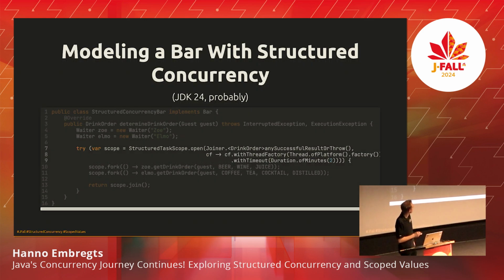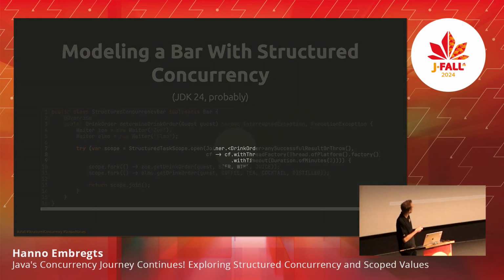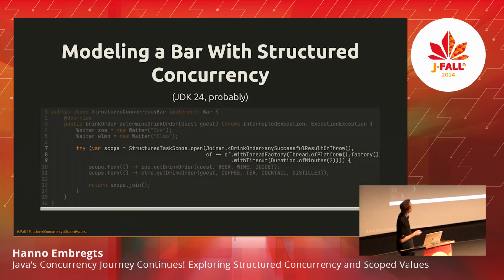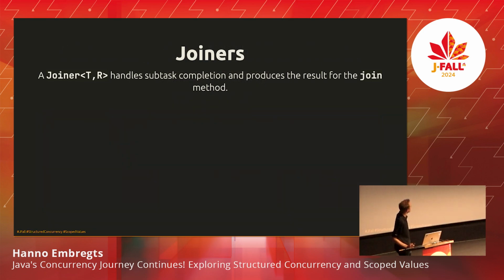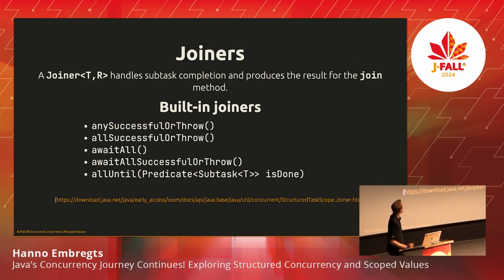And there's also an overload that takes thread factories, like you see here, or timeouts. This is called a configuration function, so the API changed a bit, but the same things are still possible. And became a bit more extensible. And also, the API will provide a few custom joiners. So not only anySuccessfulResultOrThrow, but allSuccessfulOrThrow, awaitAllSuccessfulOrThrow, or allUntil.